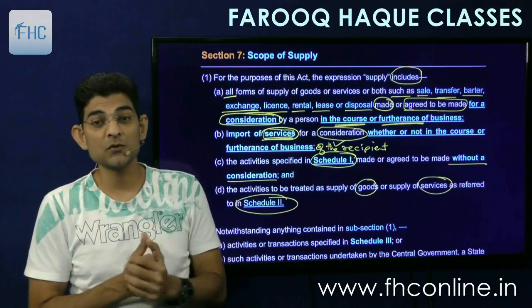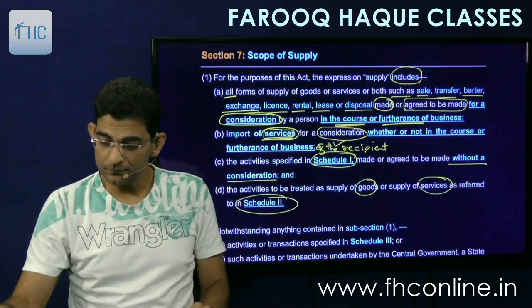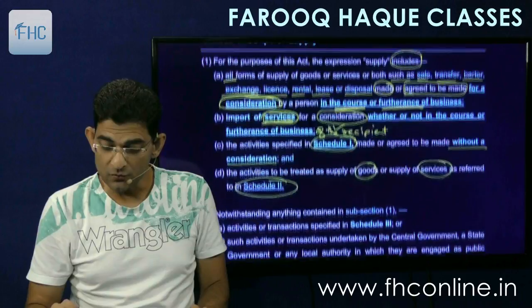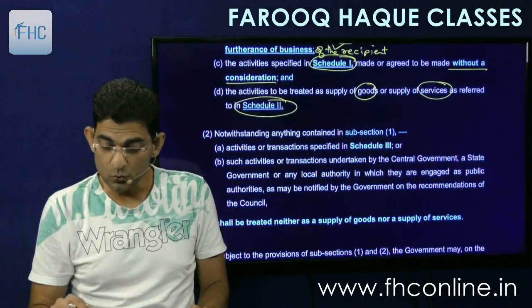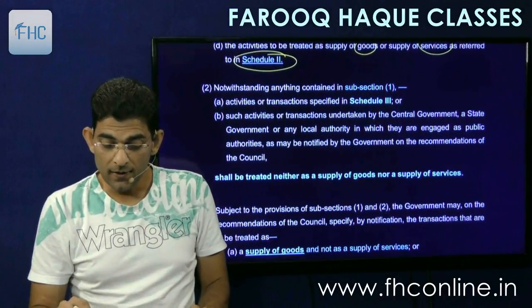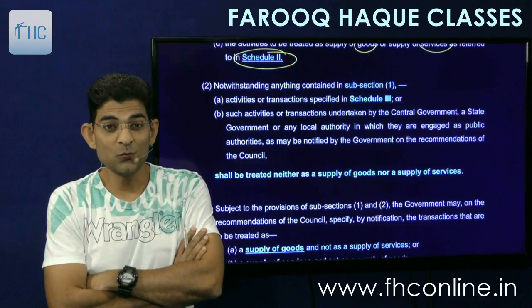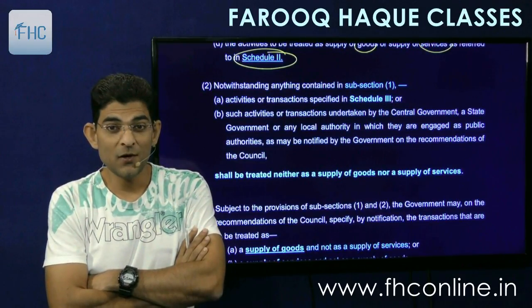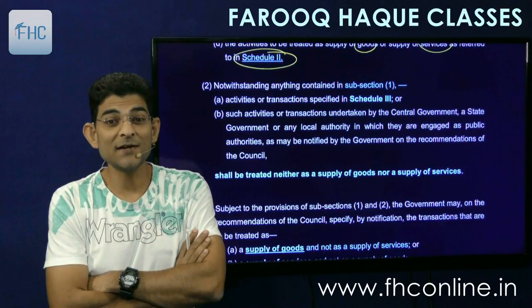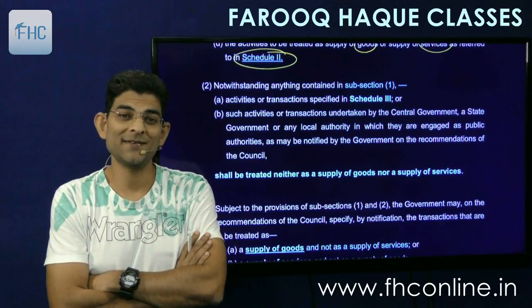So that also we are going to study in Schedule 2. So we are going to study Schedule 1, then we are going to study Schedule 2 also. And then moving forward to subsection 2, it says, notwithstanding anything contained in subsection 1.